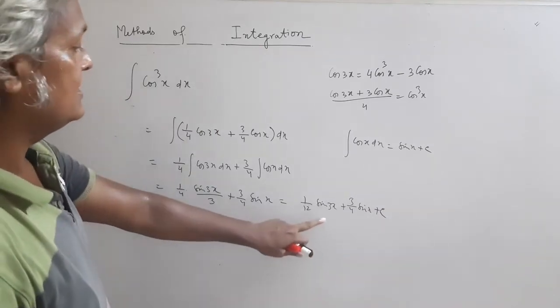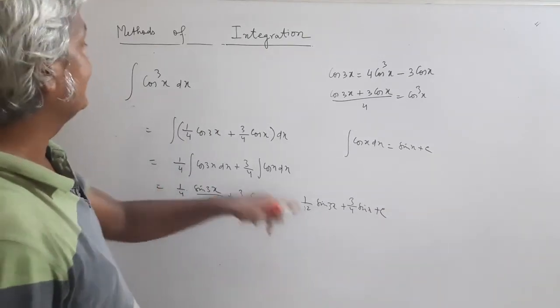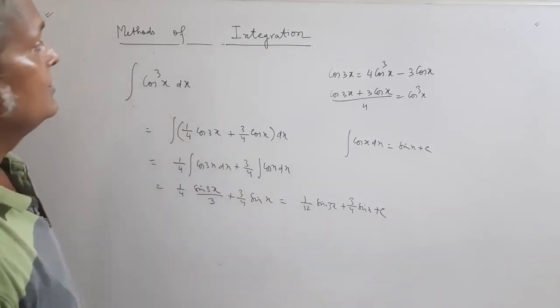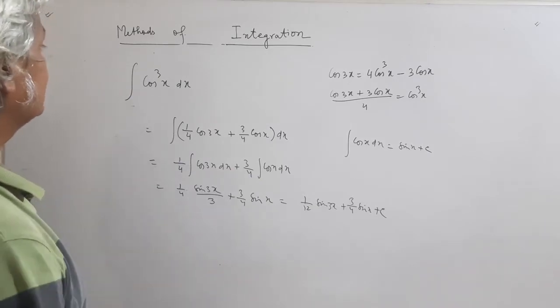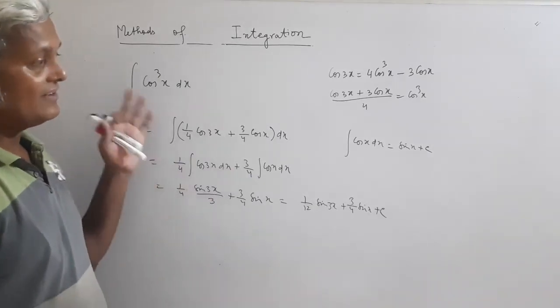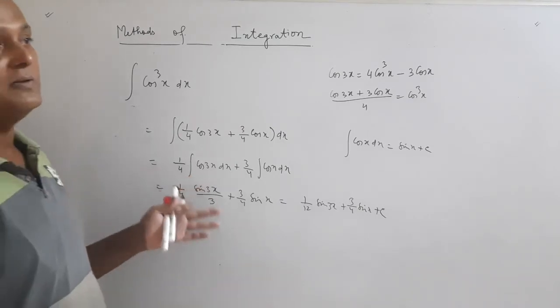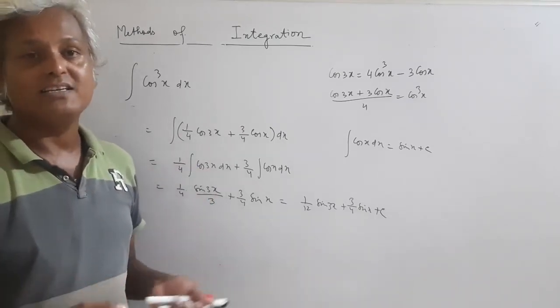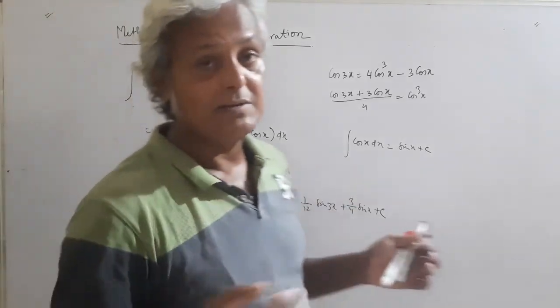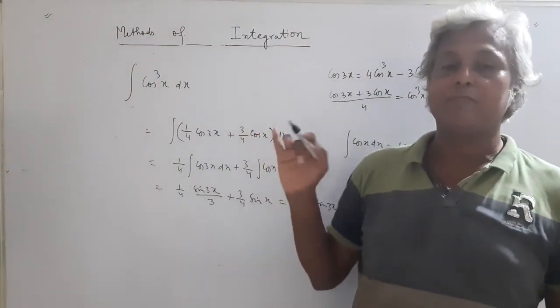This is the term which you get after integrating. So this is how you can find the integration of cos cube x. After clearing the screen, I'll show you some other forms and how you can find the integration of those special forms. Just give me some time so that I can clear the screen and come back to you again.